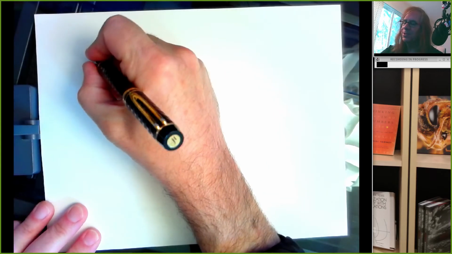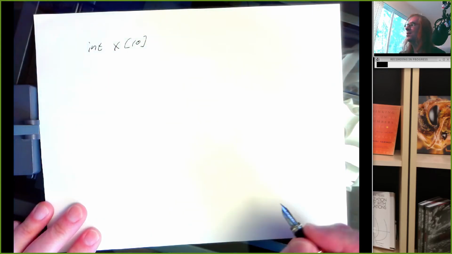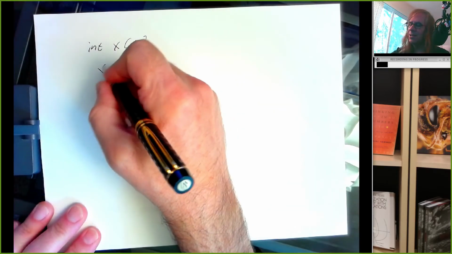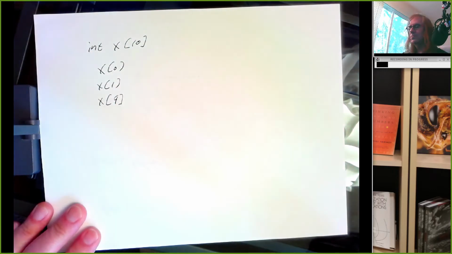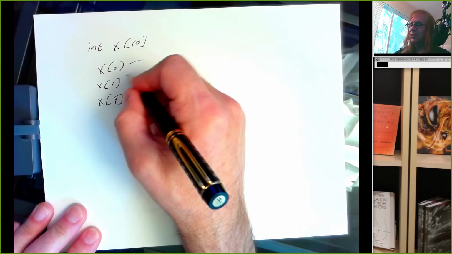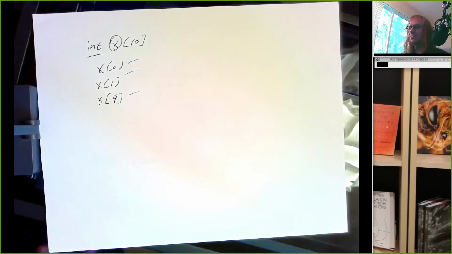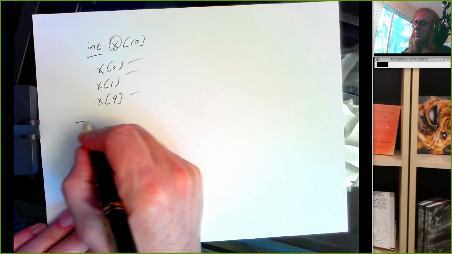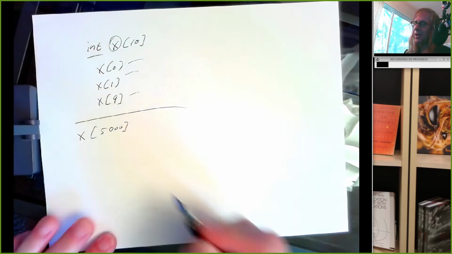An associative array is also sometimes called a hash table. And so in C, I can make an integer array x, and I can say this is an array of 10 elements. And I can say x bracket 0, x bracket 1, x bracket 9. And each of these is a separate integer, and I've got a total of 10 integers stored under this one variable named x. And in C, I could actually say, let's look at x bracket 5000, and it will do something.